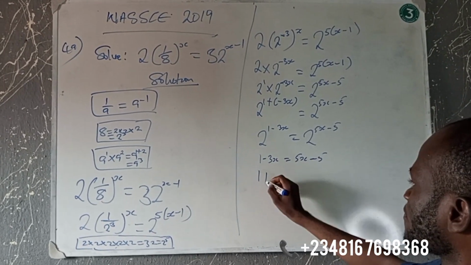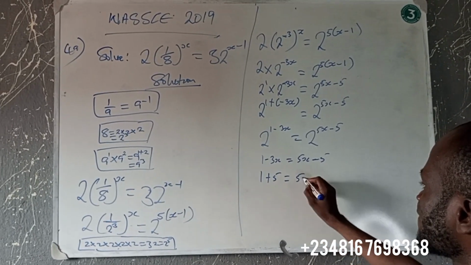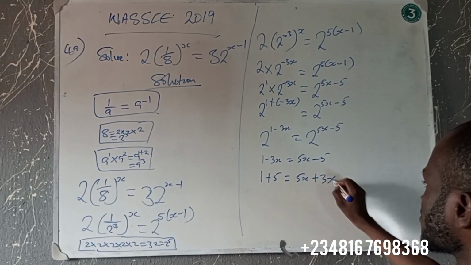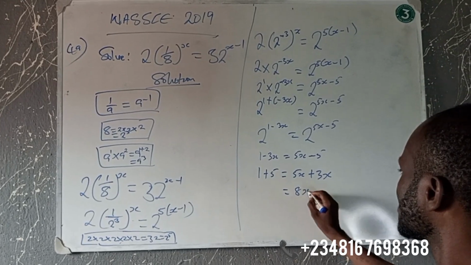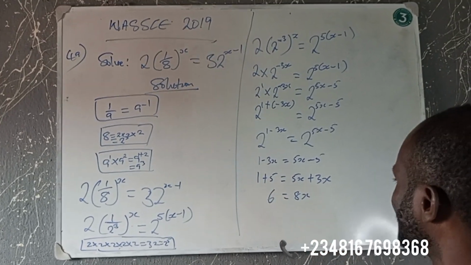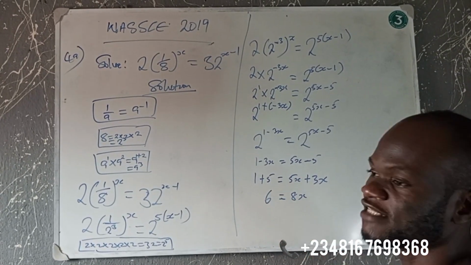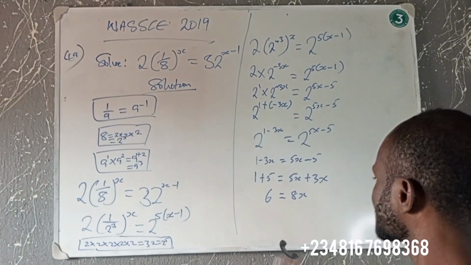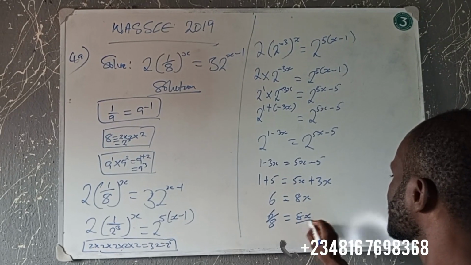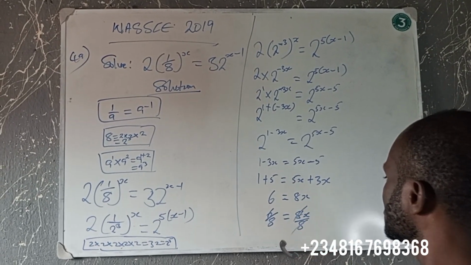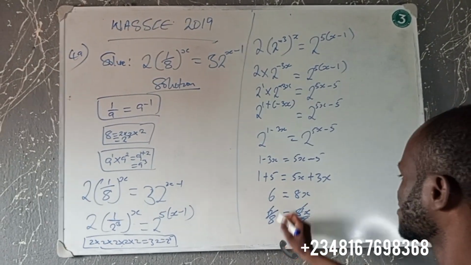Then we have 1 plus 5 equal to 5s plus 3s. Adding these two, we have 8s and we have 6. So dividing both sides by the coefficient of s, which is 8, we have 6 over 8 equal to 8s over 8.